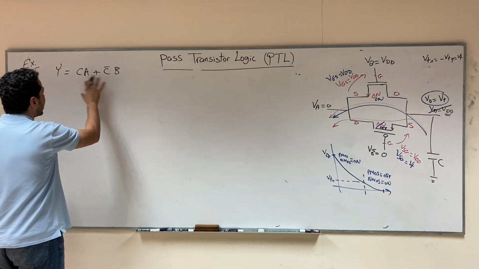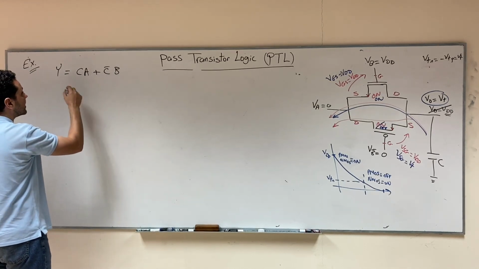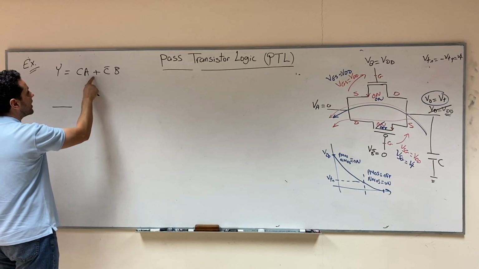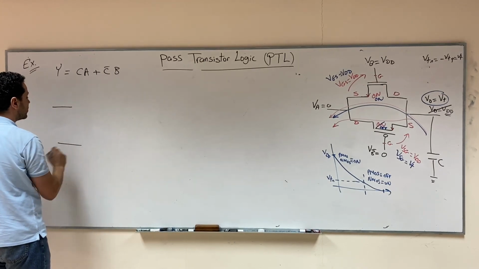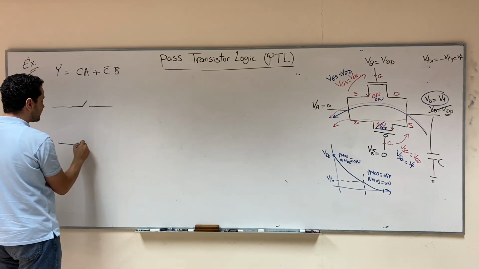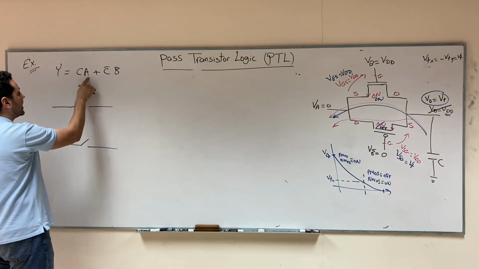For example, you can implement this logic gate using two parallel branches. Since we have an OR, it will be two parallel branches, and each branch will have one switch because we have ANDing between two variables.